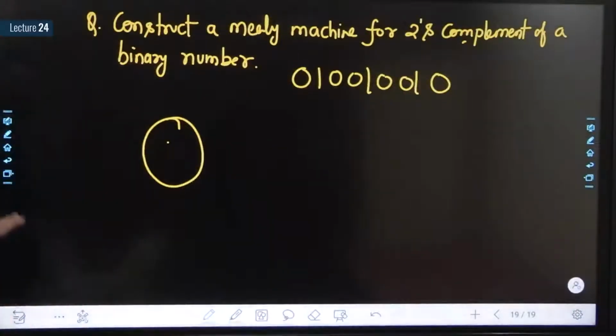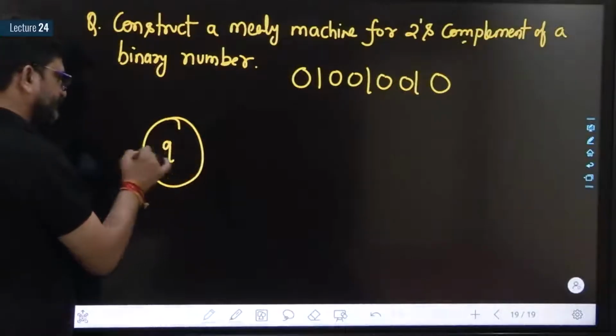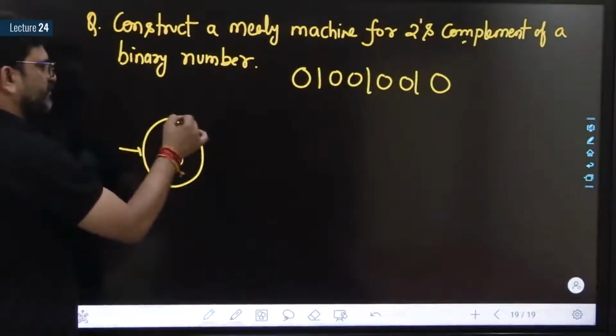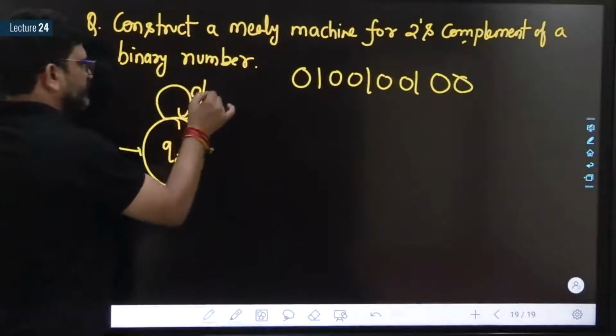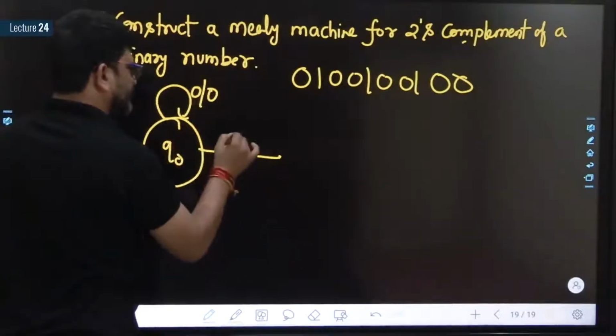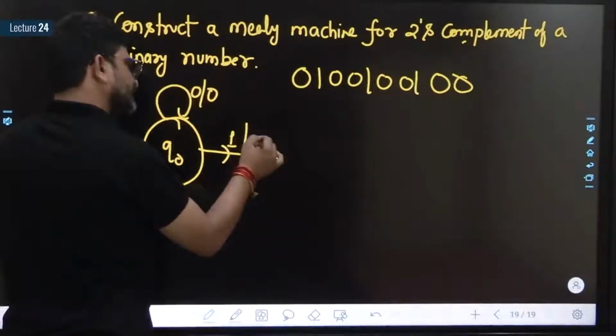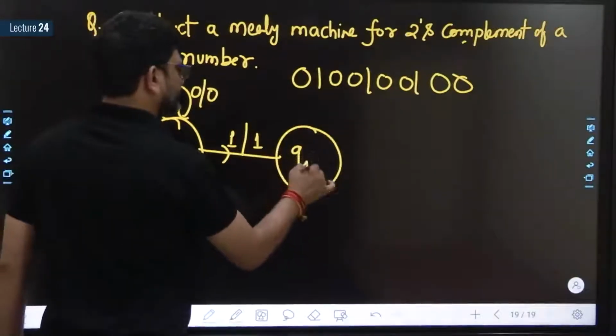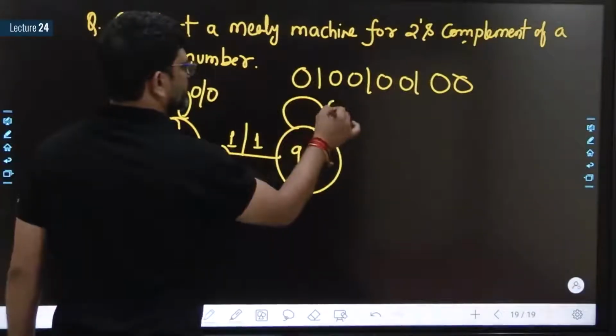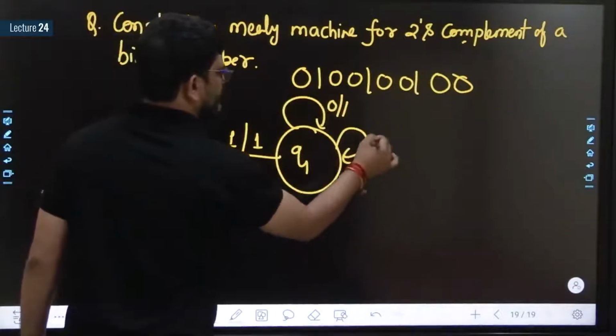What is the 2's complement of this? When we see 0, leave it as 0. When we see the first 1, leave it as it is, 1. After that, complement the numbers: 0 to 1 and 1 to 0.